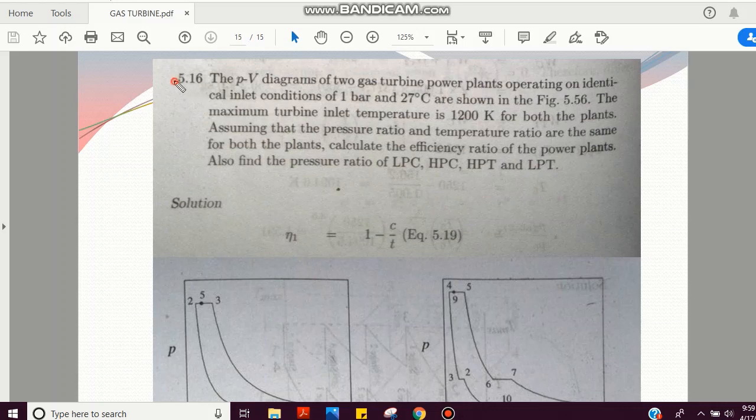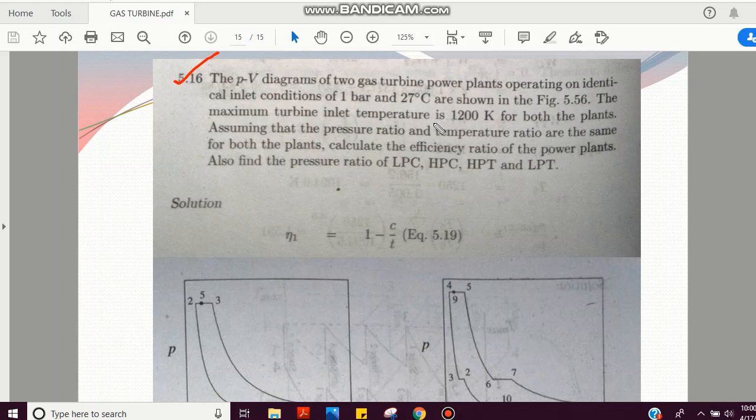Here it says that the PV diagram of two-stage gas turbine power plant is operating on identical inlet conditions of 1 bar, 27 degrees Celsius as shown in the figure.